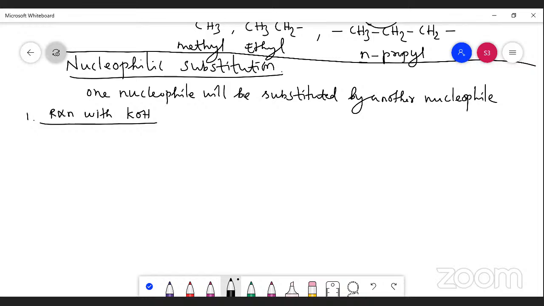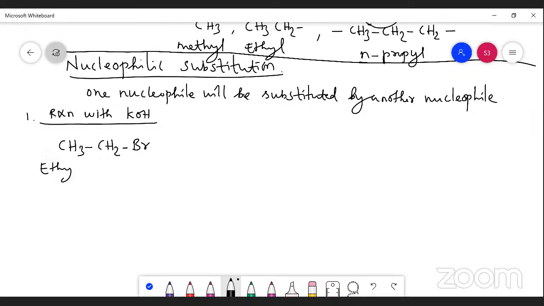Suppose, for example, I'm going to take the haloalkane CH3CH2Br. We know that CH3CH2 is an ethyl group and Br is bromide. So now what is the name? That is ethyl bromide.